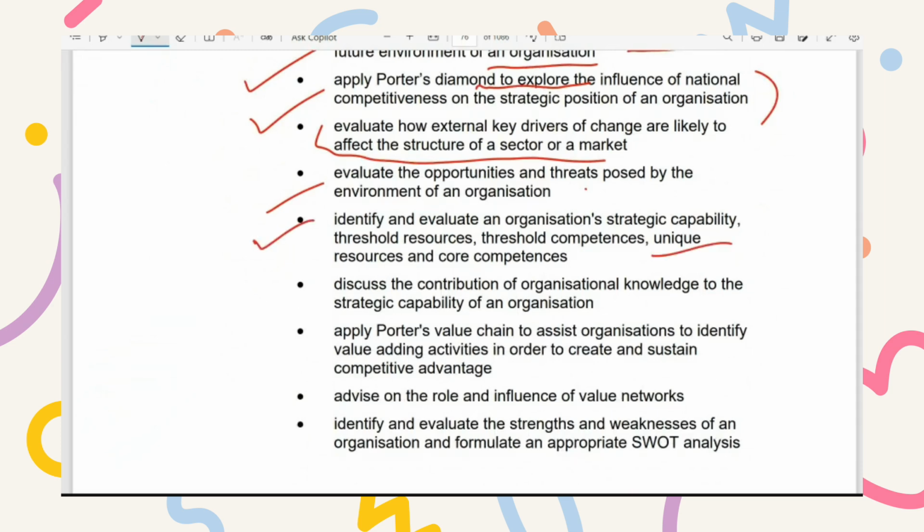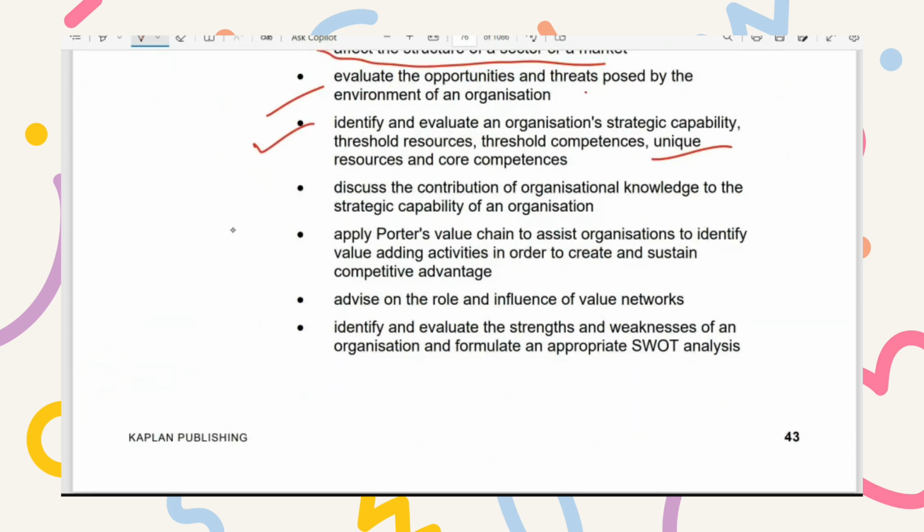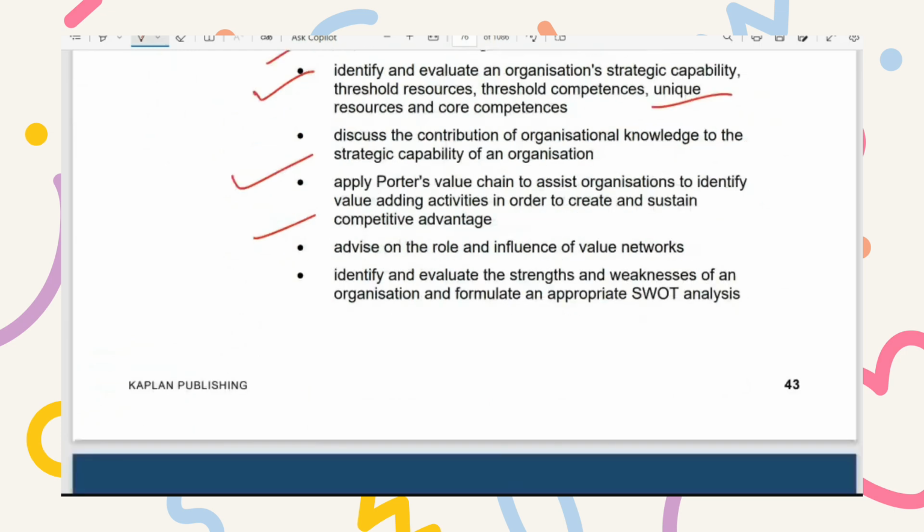Then identify and evaluate the organization's strategic capability, threshold resources, threshold competencies, whatever thresholds are there, and their limitations. You will discuss the contribution of the organization's Porter's value chain.